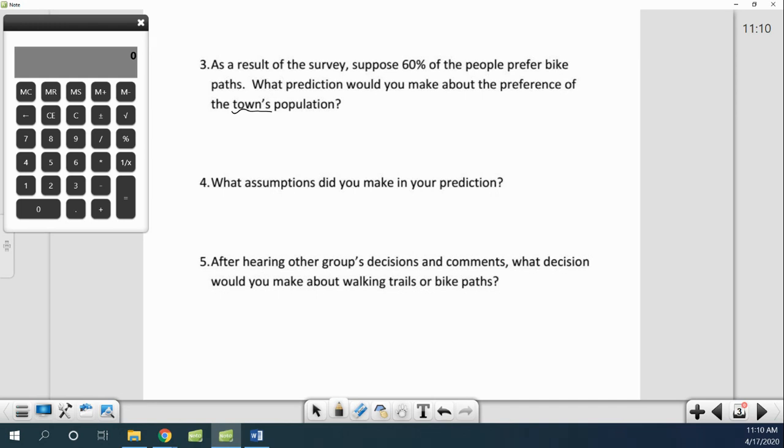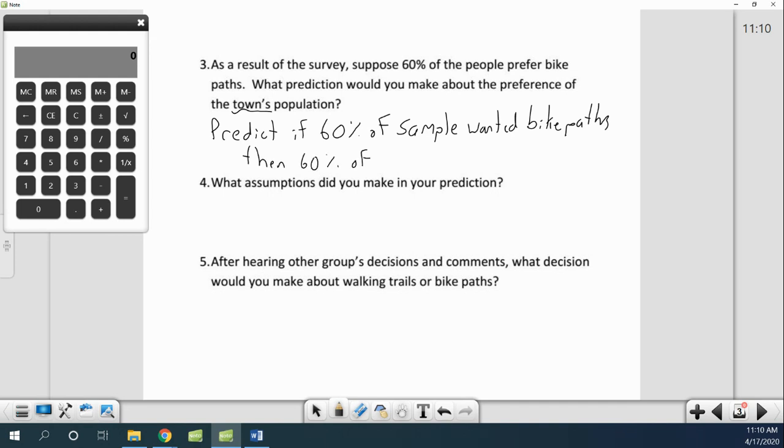Well, assuming that we did a decent job of our sample and it was pretty representative, you would predict that if 60% of our sample wanted bike paths, then likely 60% of the town would like bike paths. Which means that bike paths are probably the way to go. You got a majority here. Most people are interested in that.